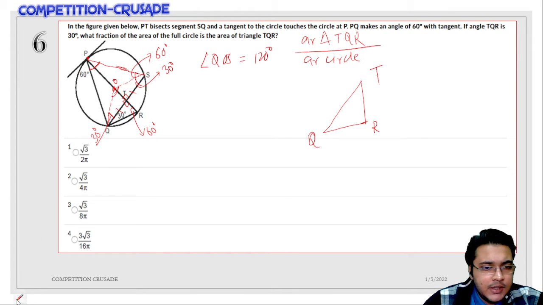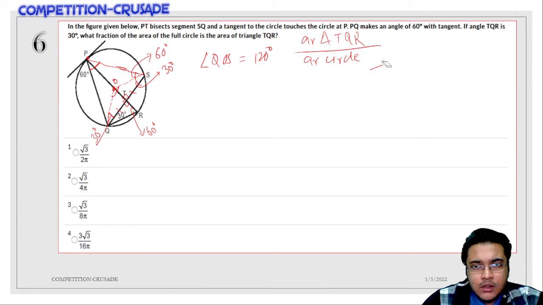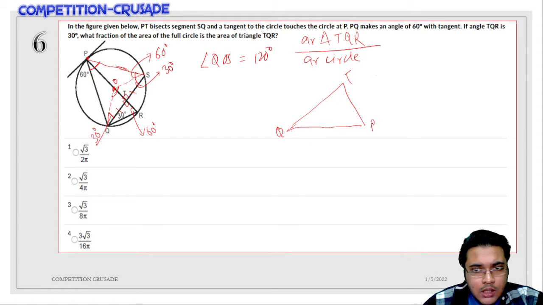I made a mistake. The mistake is that I made the triangle a little wrong, so it's actually going to be something like this. So TQR: this is 90, this is 30, and this one is 60.